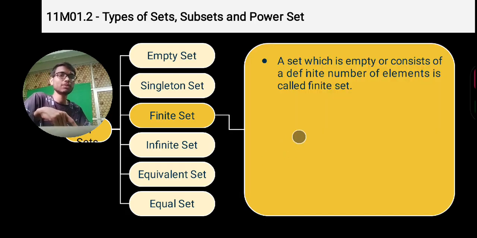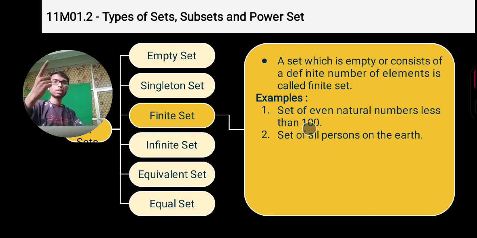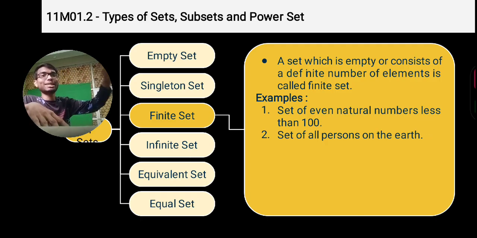For example, a set which is empty or consists of a definite number of elements is called finite. Set of even natural numbers, but here we are saying less than 100. It is now limited. It is fixed. How much? From 1 to 99.